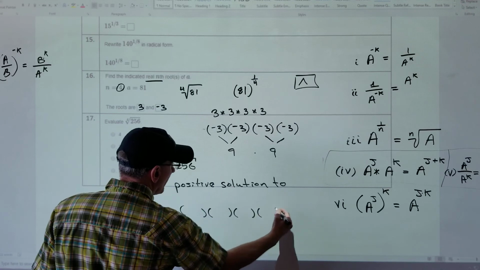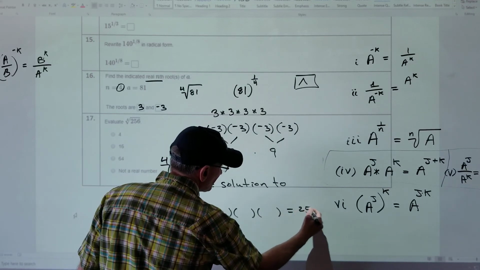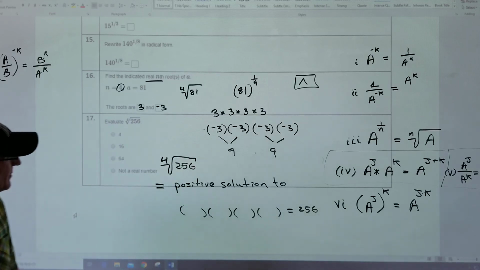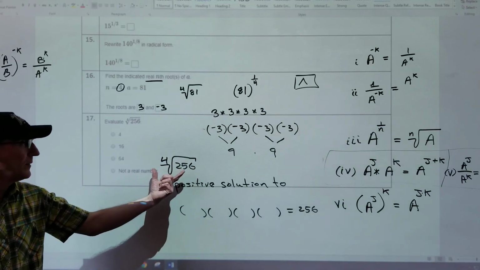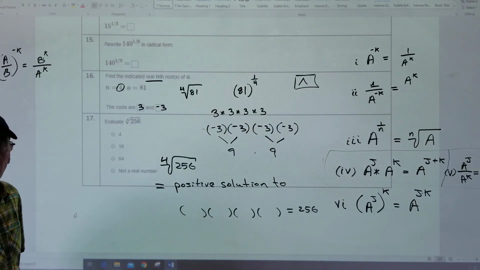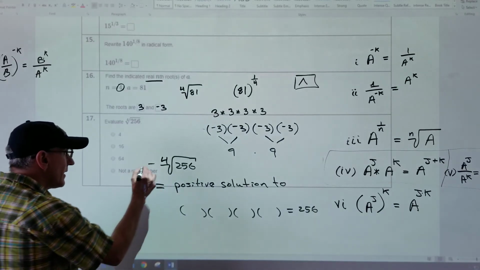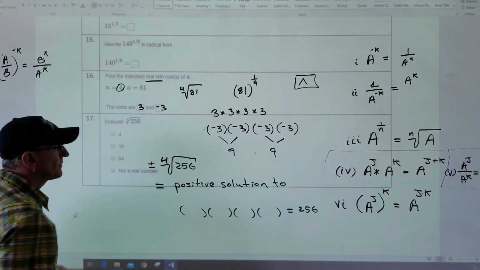I want 4 things that multiply to make 256. There is a negative solution, but they didn't ask for it because the symbol in no way asks for the negative fourth root, real fourth root. If they wanted it, they would have gone like this. If they wanted both of them, they would have gone like this. Okay?